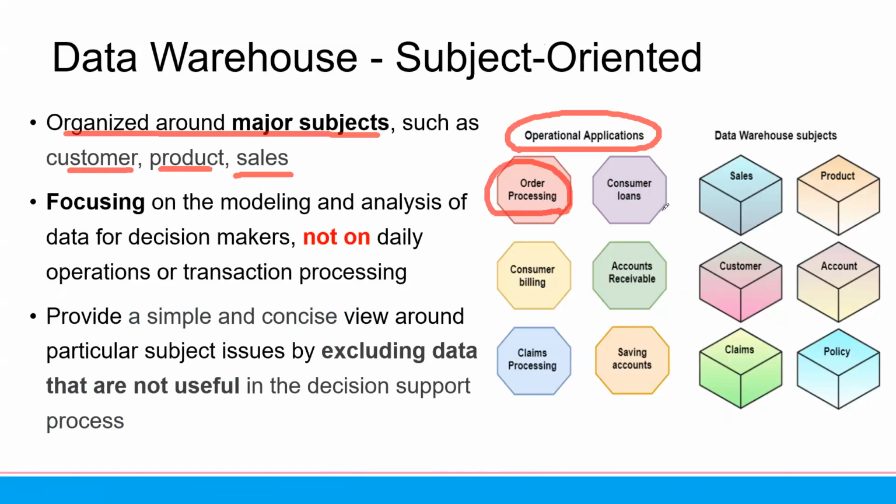Or you may have a table about customer loans, or a table about consumer billing, account receivable. But if you are dealing with the data warehouse, you can divide by the subjects. For example, if it is about sales, then it is the combination of the order processing and maybe consumer billing. If it is related to the product, maybe it is related to the accounts receivable and the order processing.